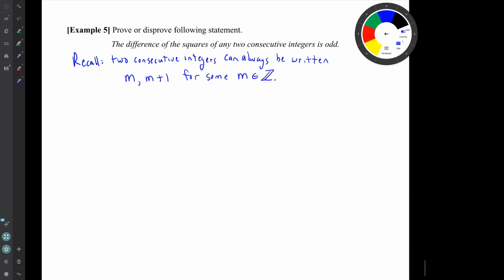We know from the very beginning of the video that consecutive integers can always be written in this form, m, m plus 1, for some m that's an integer.